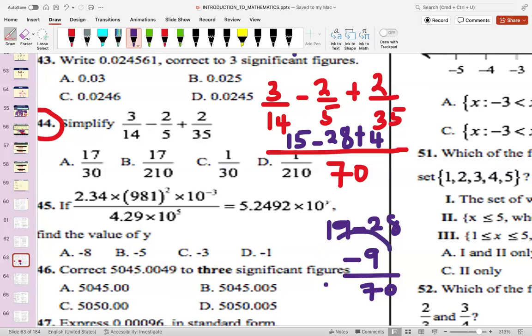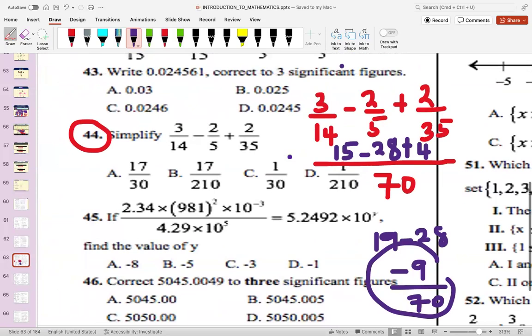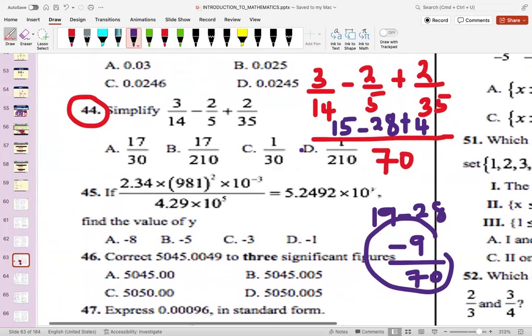So we have negative 9 over 70. But if you look at the results we have here, we have 17 over 30, 17 over 210, 1 over 30, 1 over 210. Our answer is not in.